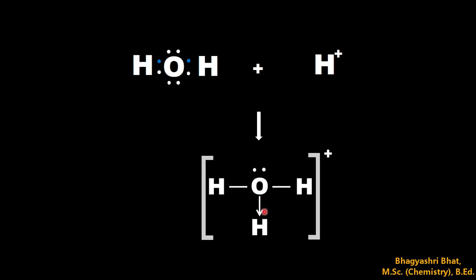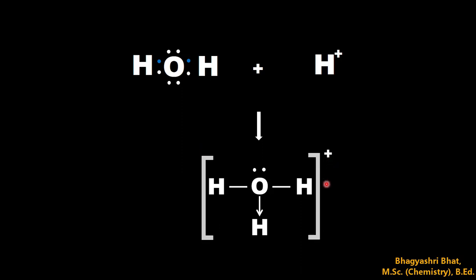That contributed lone pair of electrons is mutually shared by the oxygen atom and the hydrogen atom. So there is a formation of a dative bond here between oxygen and hydrogen. The positive charge of hydrogen is acquired by the entire molecule, so the complete molecule becomes positively charged here.